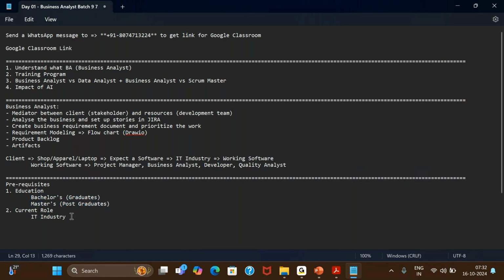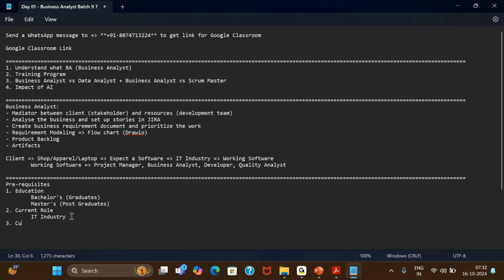Switching from, let's say, a project manager to a BA, a developer to a BA, or a quality analyst to a BA would be relatively easier. Relatively as in, when compared to the people who are part of the non-IT industry.